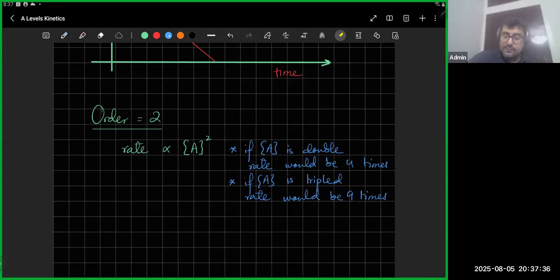And the reverse is also true. When it comes to slowing down, if A is halved, then rate would be half का square क्या होता है? That's 1/4. So when it comes to slowing down, the rate would also slow down a lot faster as well.